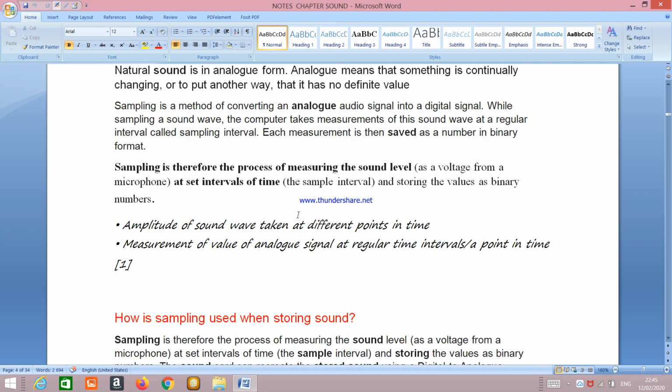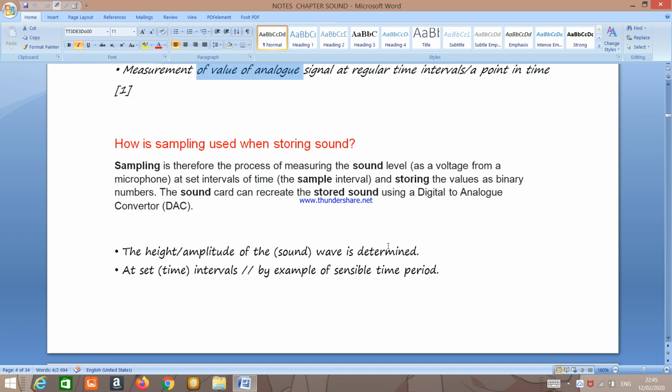At regular interval, you measure the amplitude, the height of the curve, of the sound at different points of time, and this measured value is converted into digital format.